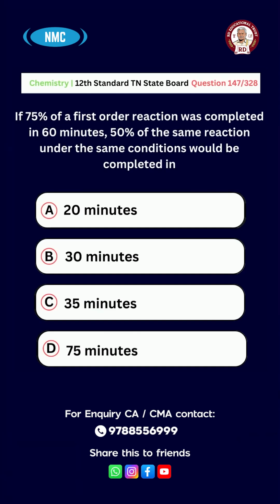Question number 147. If 75% of the first order reaction was completed in 60 minutes, 50% of the same reaction under the same condition would be completed in option A 20 minutes, option B 30 minutes, option C 35 minutes, option D 75 minutes. The correct option is option B 30 minutes.